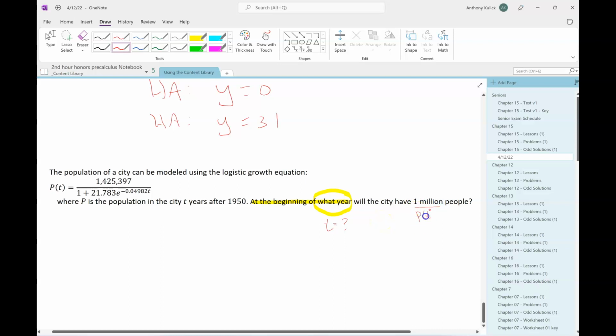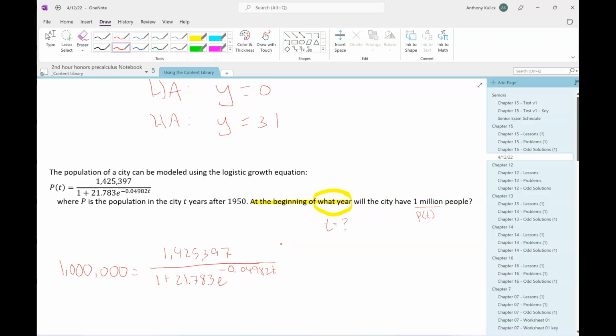So this 1 million must be what I'm going to plug in for P of T. Everybody's cool with how I set this up? So far, so good? How do you think I'm going to solve this?